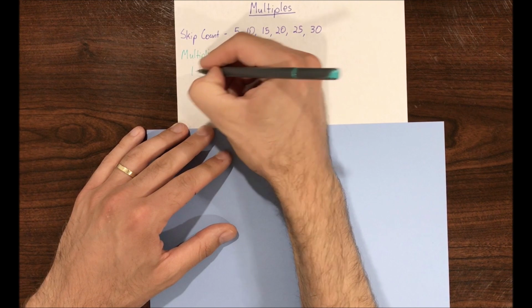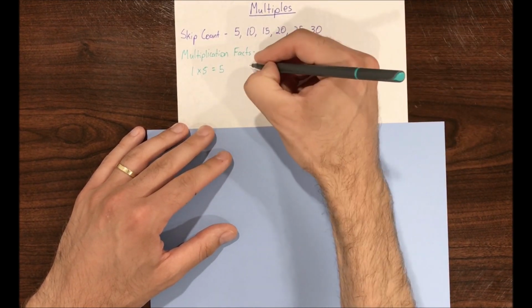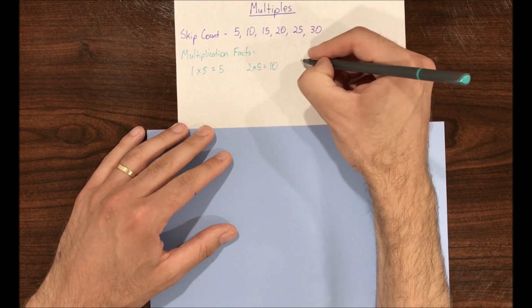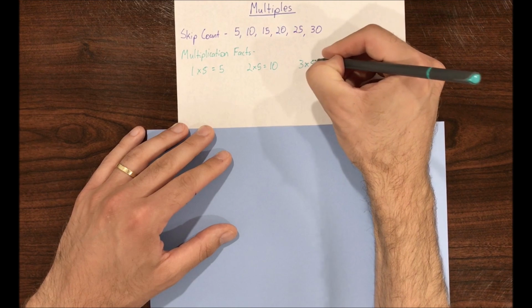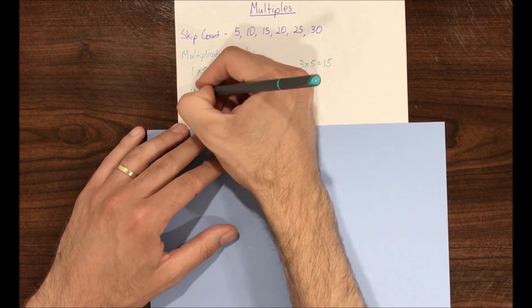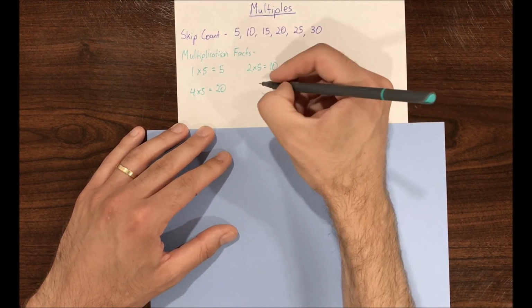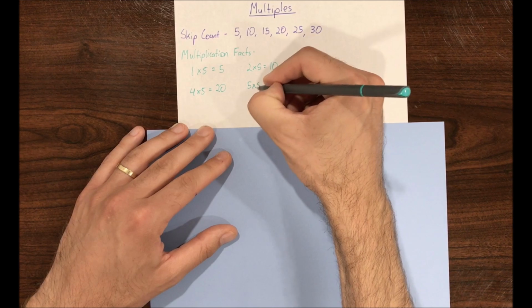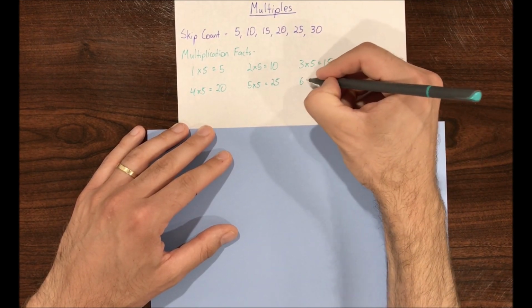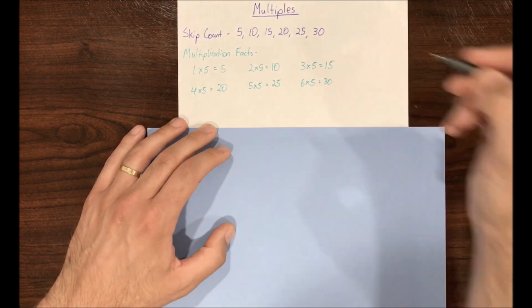We could think 1 times 5 equals 5. 2 times 5 equals 10. 3 times 5, say it with me, it's 15. 4 times 5, say it with me, 20. 5 times 5, say it with me, 25. And 6 times 5, say it with me, 30.